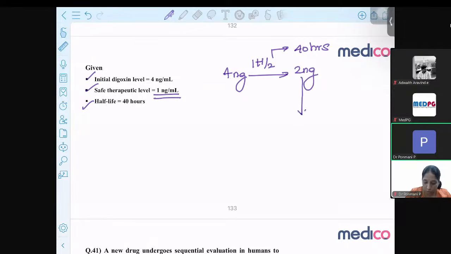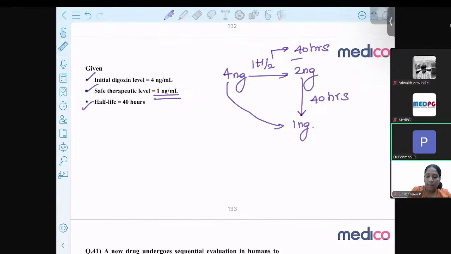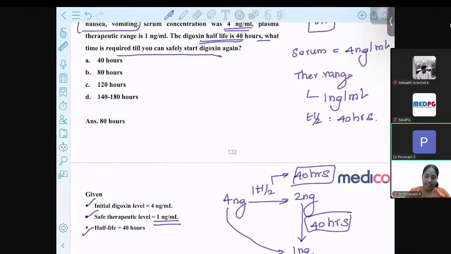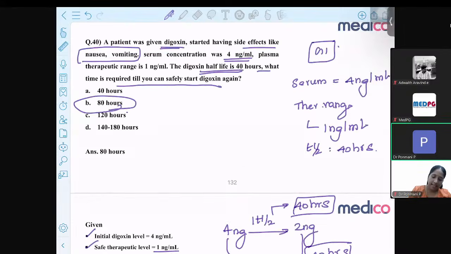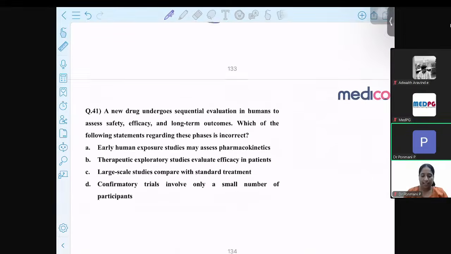So this 2 divided by 2, half of it, is 1 nanogram. Again, how many hours will it take? It will take the same 40 hours. So to bring it to 1 nanogram, how many hours in total is it taking? It is taking 80 hours. So the answer here is 80 hours. Okay. So only after 80 hours can we start the next dose so that it falls within our therapeutic plasma concentration.